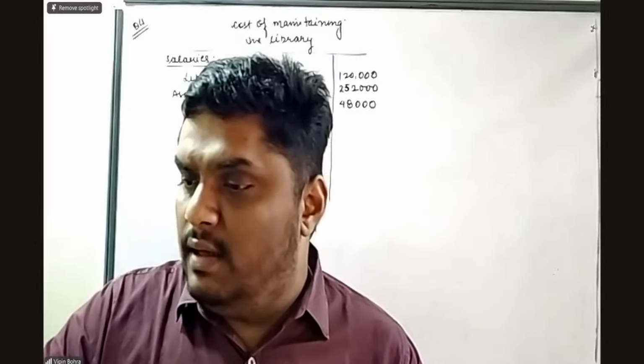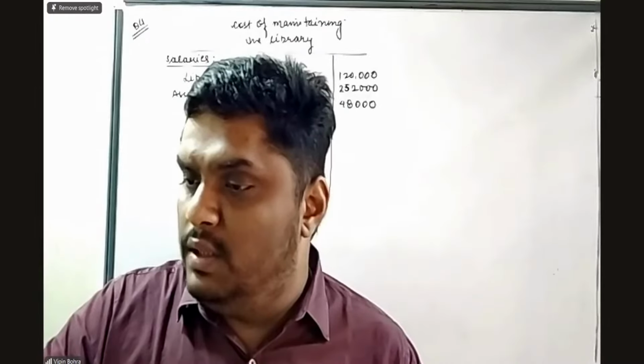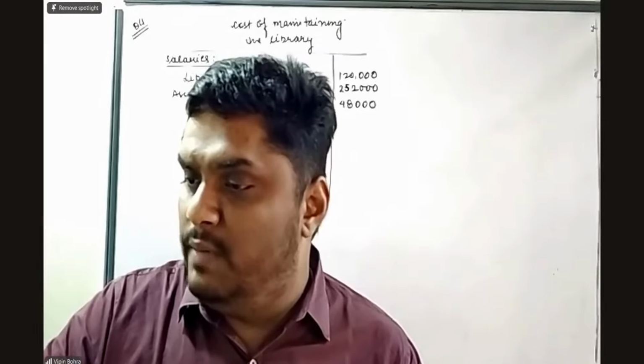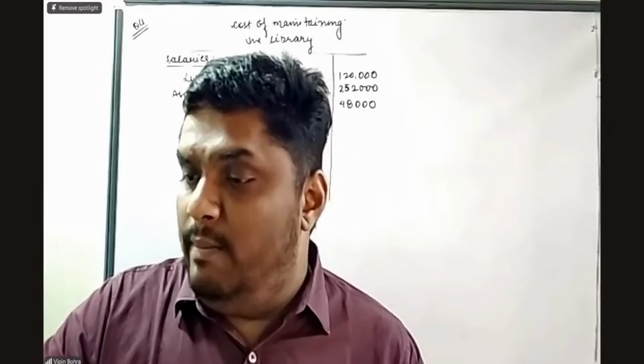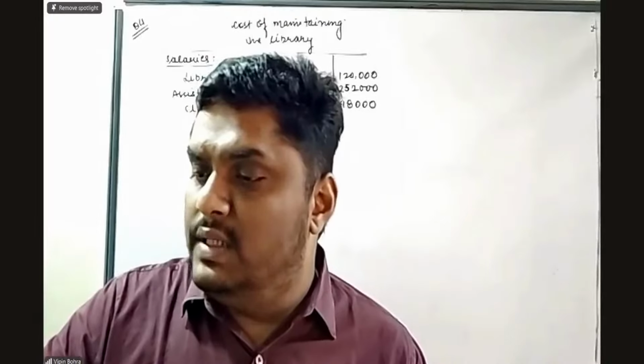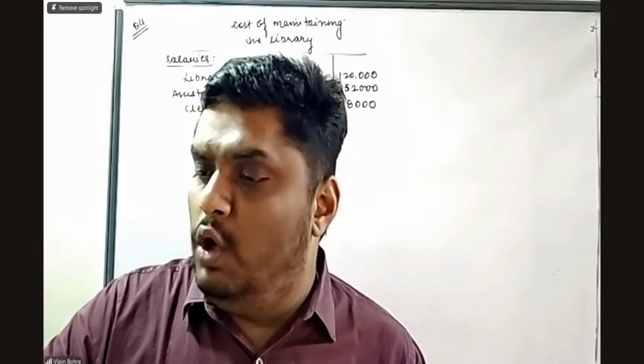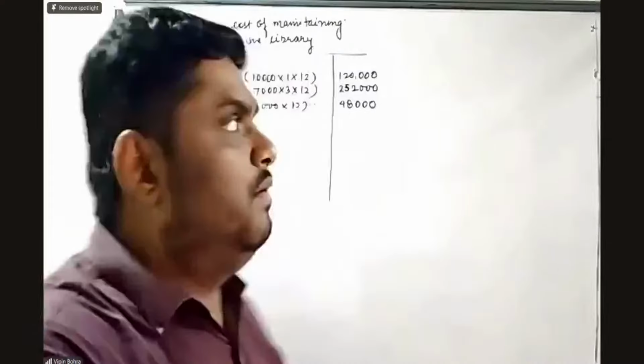Next, we can see 1,000 library fees per month. This is the revenue. Fine is also revenue. See, the number of available old books is 50,000 and the cost of maintaining per old book per year is rupees 10.